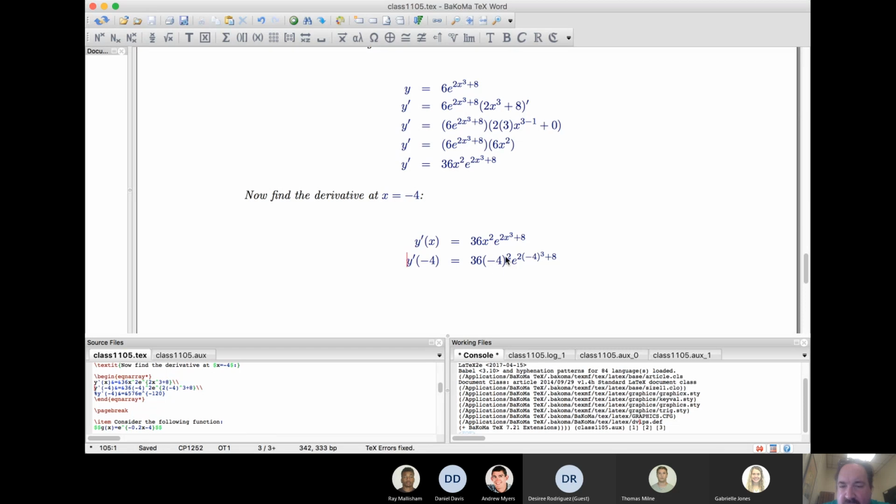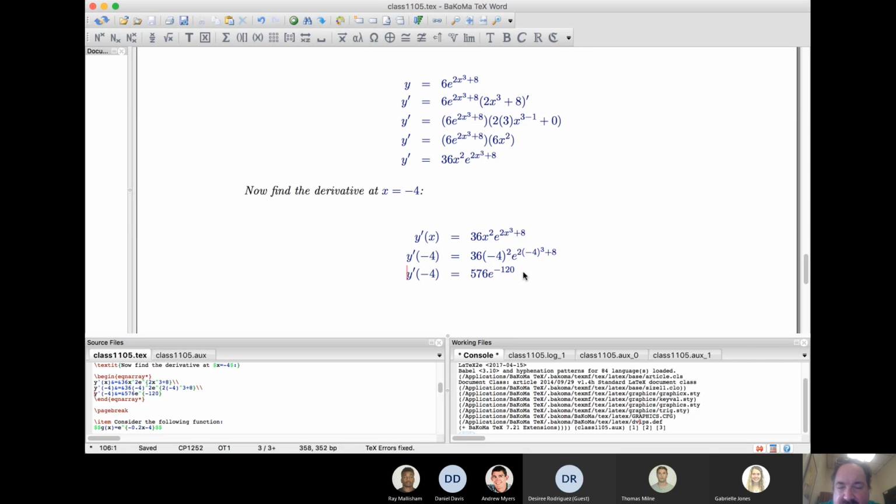Don't forget this is squared, so the minus is going to go away. But here it's cubed, so it will not. So we have 36 times 16, which would give us 576. And then once the exponent is worked out, minus 4 cubed is minus 64. So then we have e to the minus 128 plus 8, so we get e to the minus 120.